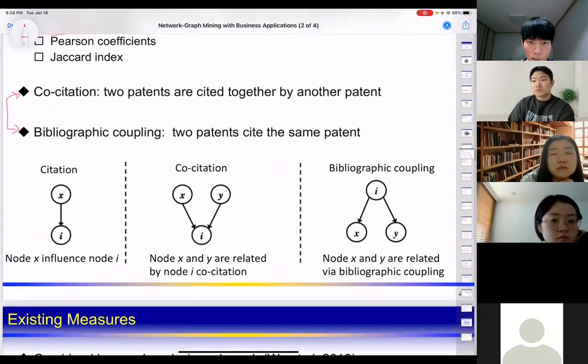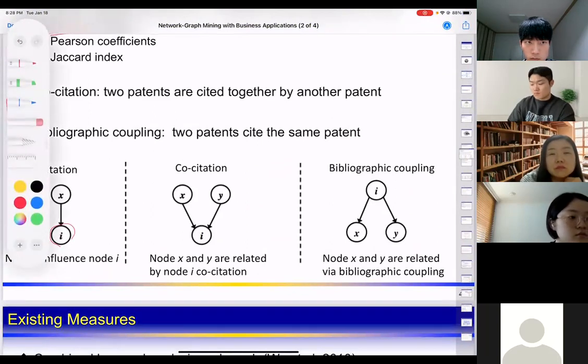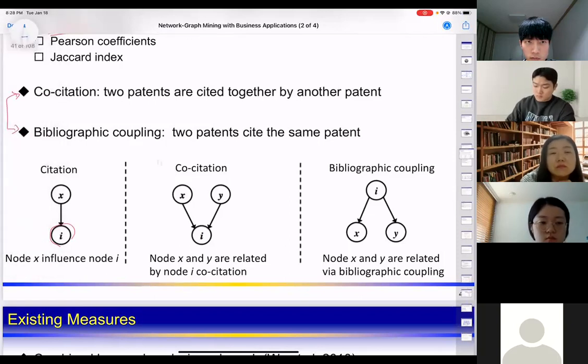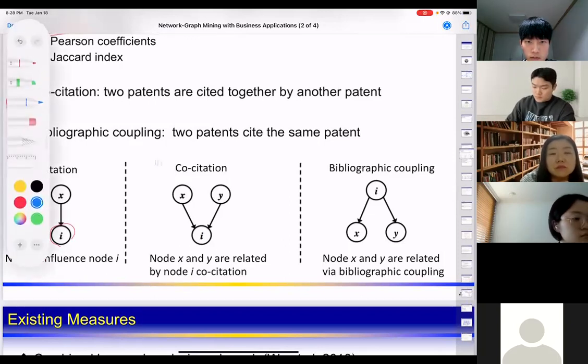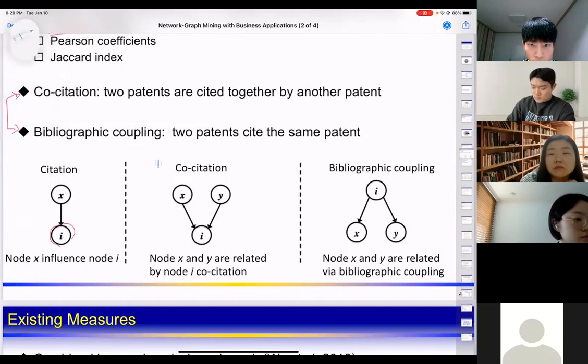So let's say paper X is cited by paper I. There are two concepts, co-citation and bibliographic coupling.